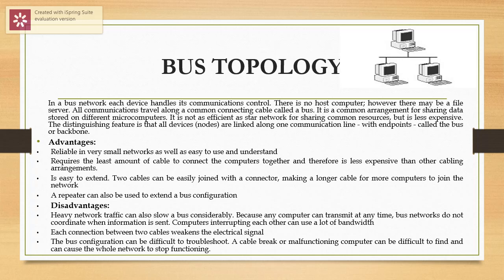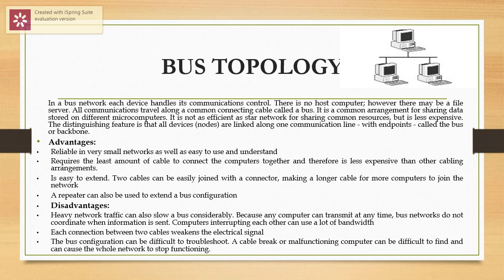The distinguishing feature is that all devices, or rather nodes, are linked along one communication line with endpoints called the bus or the backbone, just as in the figure shown above. What are the advantages? It is reliable in very small networks, as well as easy to use and understand.